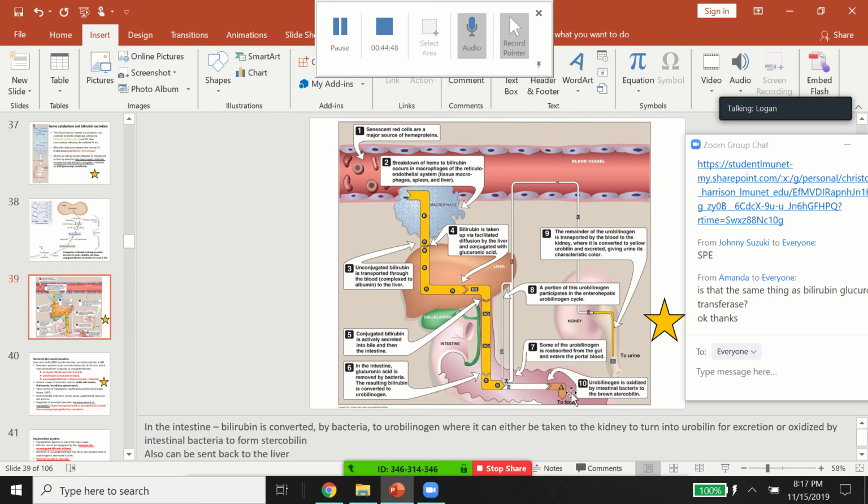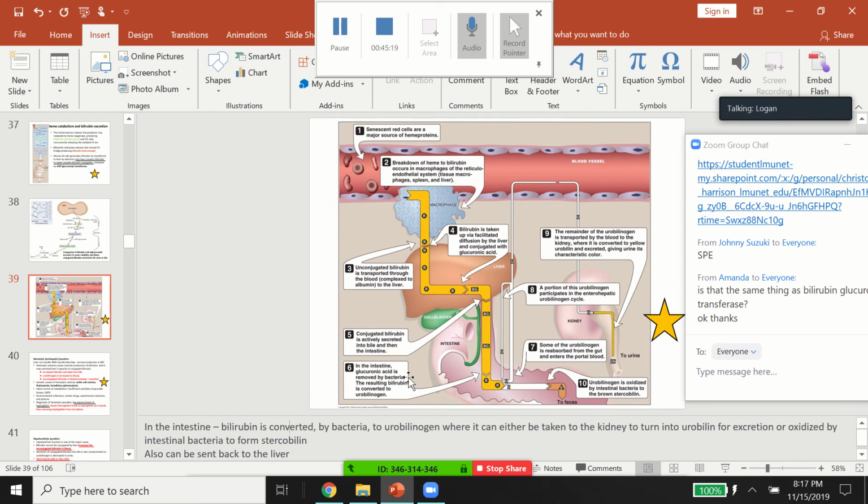Anyway, I put a star here because I wasn't entirely sure if you need to know every single thing on this picture. I doubt it. You don't really have to know much about it being recycled, so anytime it mentions that, you don't have to worry about it so much. What I would remember from this step onward is that this conjugated bilirubin, which is where we're at currently, is secreted into the bile and then into the intestine.